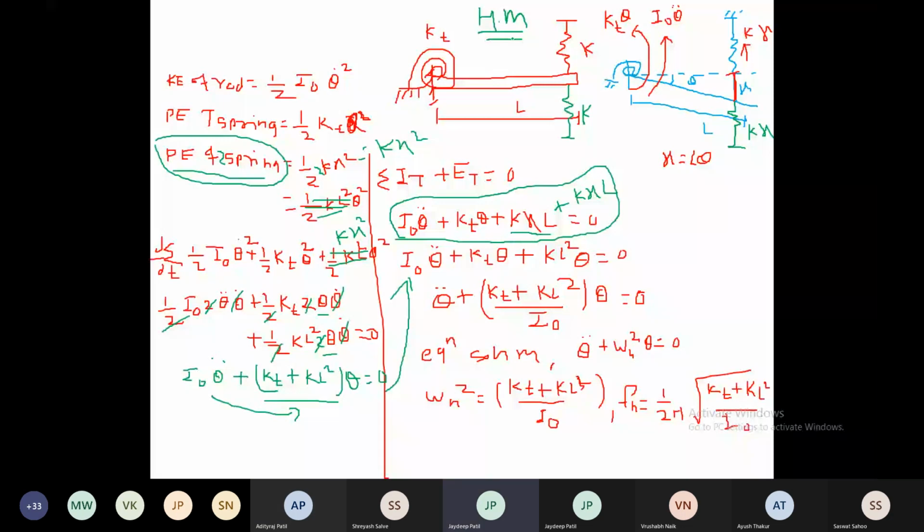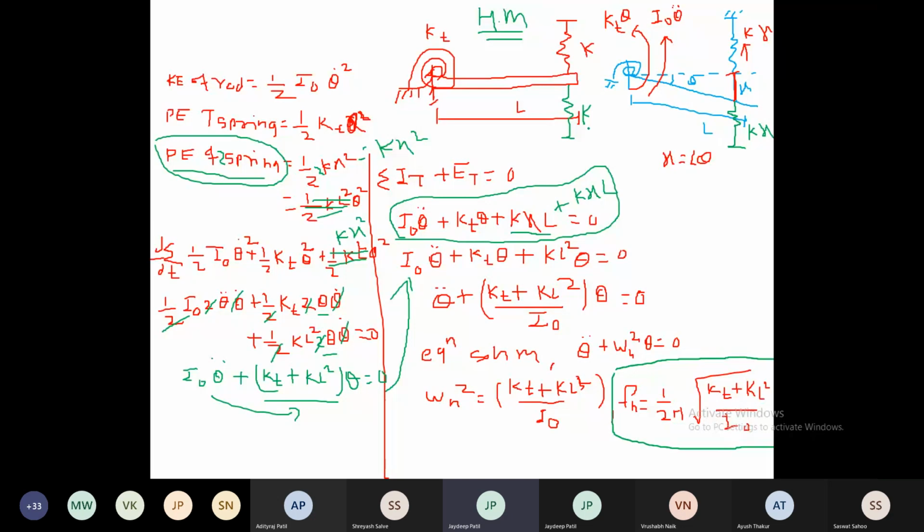We consider here one spring and we solve the problem. You will get the answer, your frequency Fn is equal to 1 upon 2 pi under root of kt plus kl square upon IO. But if you consider one more spring here, both are attached, one above this rod and one below the rod. Means if I displace it downward, the upper spring expands x distance and the lower spring gets compressed x distance. Means distance is same.